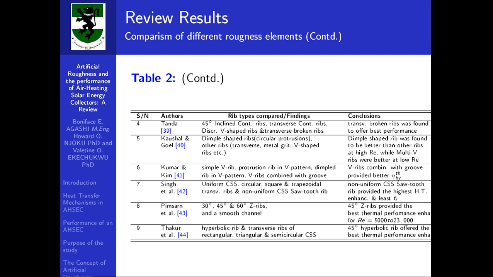He found that transverse broken rib offered the best heat transfer performance. Koshel and Go compared dimple-shaped rib and the rib of other geometries. He found that the dimple-shaped rib offered better heat transfer performance at high Reynolds number, while the multiple V rib was better at low Reynolds number.